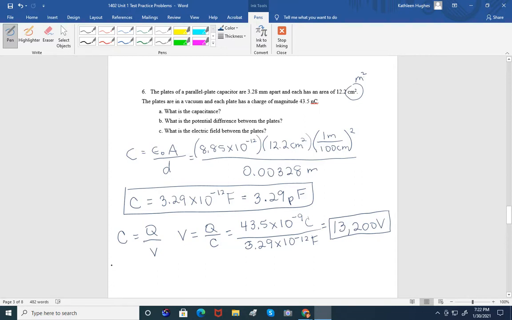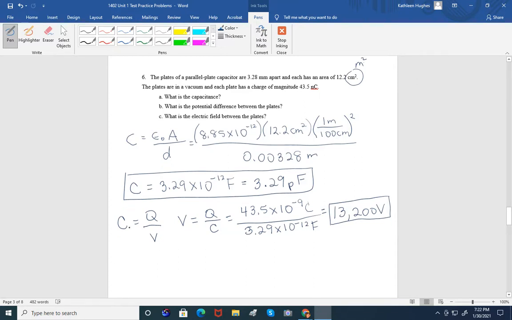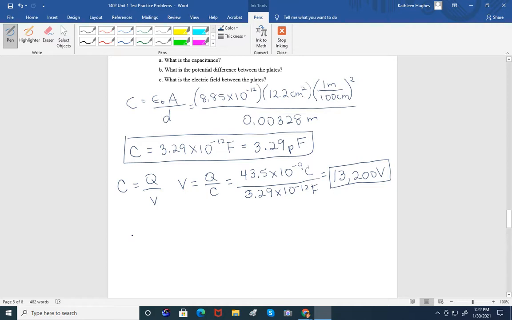What's the electric field between the plates? That one's usually pretty easy if you know the potential and you remember that electric field can also be expressed as volts per meter. So for uniform electric field can be found just using volts divided by the plate separation. If I use my unrounded number, it was 13,215 volts.